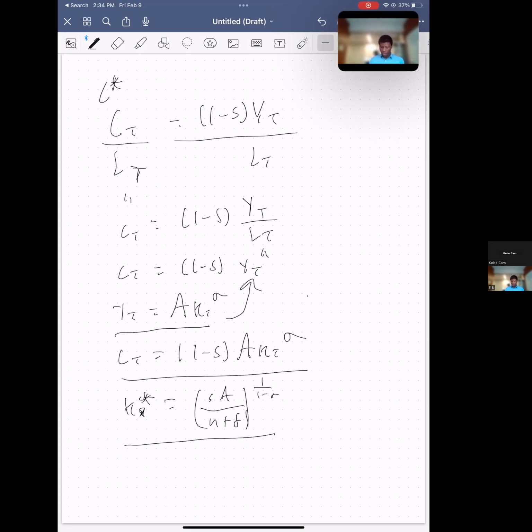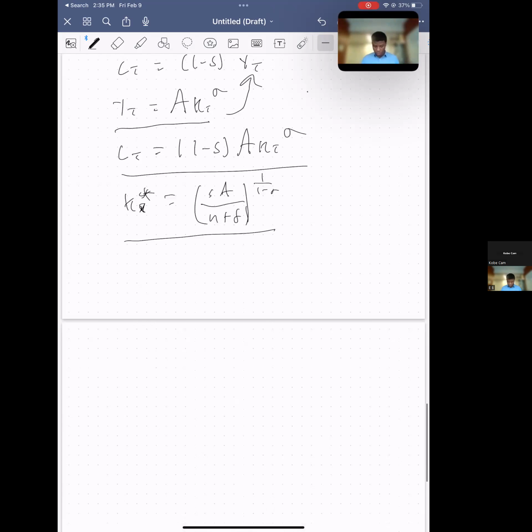K star is going to be (sA divided by n plus delta) raised to the 1 over 1 minus alpha. Well, that means we can just plug this in for k_t, because we're trying to figure out what consumption per capita is in the future, and we know what capital per capita is going to be in the future. So we can just plug that in and we know exactly what consumption per capita is going to be.